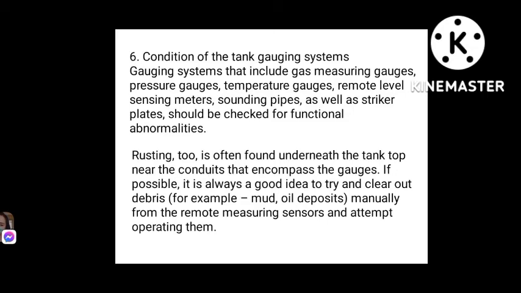Rusting too is often found underneath the tank top near the conduits that encompass the gauges. So if possible, it is always a good idea to try and clear out debris, for example mud or oil deposits, manually from the remote measuring sensors and attempt operating them.